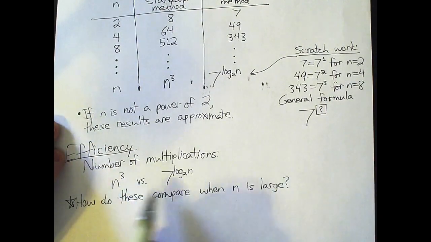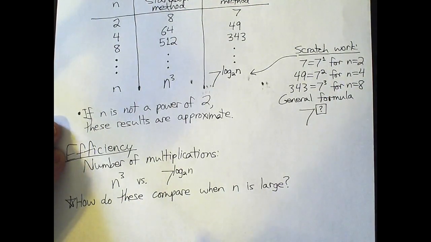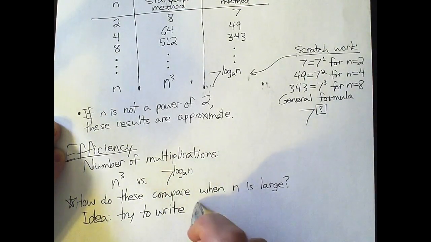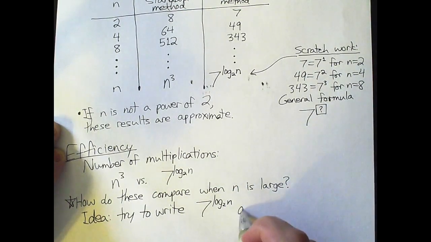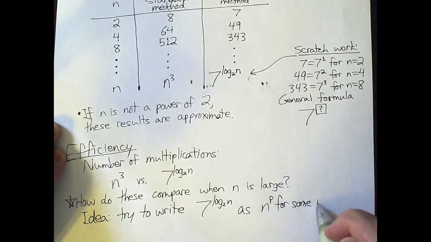You could call these two functions of n. So to see how these two functions compare with each other, here's an idea. Let's try to write 7 to the log base 2 of n as n to the p for some number p.